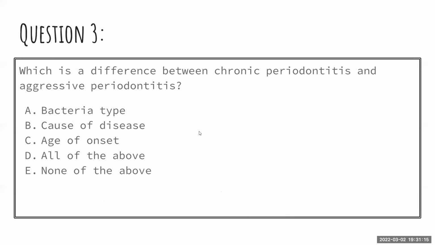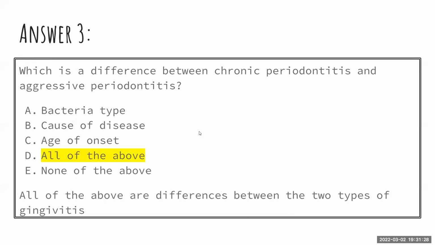Which is a difference between chronic and aggressive? All of that. So we've got different bacteria type. Okay, we've got the AA in there.